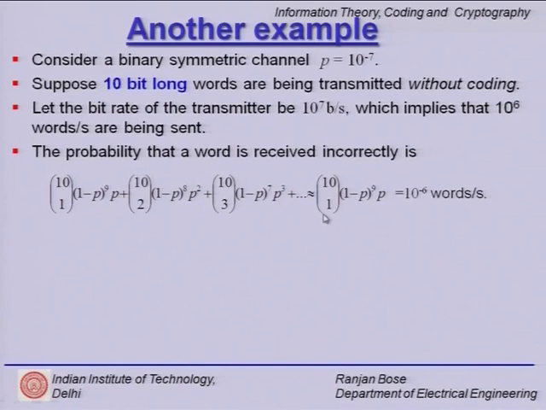So, approximately we can retain only the first term, 10 choose 1, (1 minus p) raised to the power 9, times p. If you plug in the value, very approximately, this is 10, the first term is 1 and p is 10 to the power minus 7. So, you get 10 to the power minus 6 words per second.